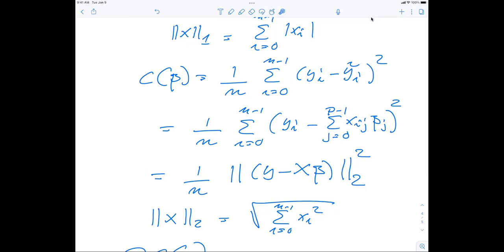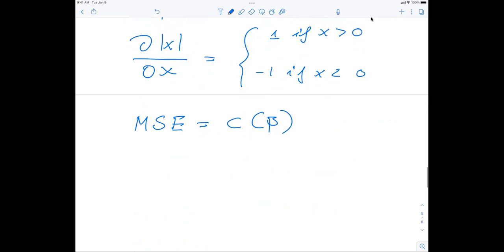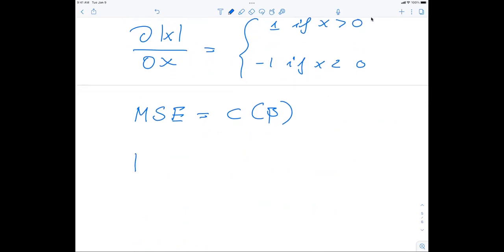So let me just give you the answer when we take the derivative of the mean squared error. What we're going to assume now is that the mean squared error is our cost function. And this is a notation: beta hat is my optimal beta, the one which gives the best mean squared error.